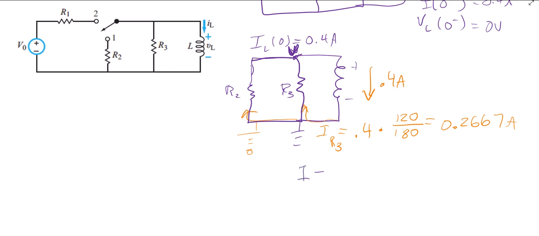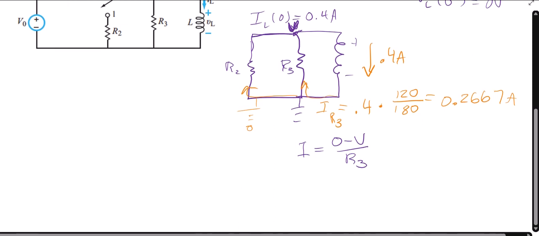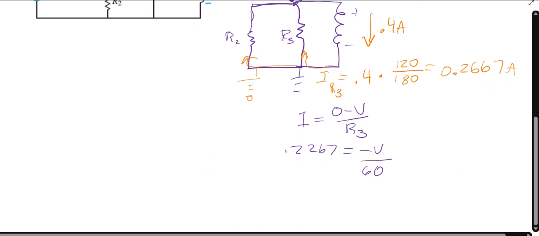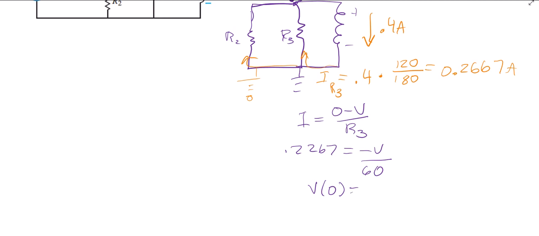And so my current is going to equal 0 minus V over R3. So 0.2667 equals minus V over R3, which was 60. Or V of 0 equals negative 16 volts.